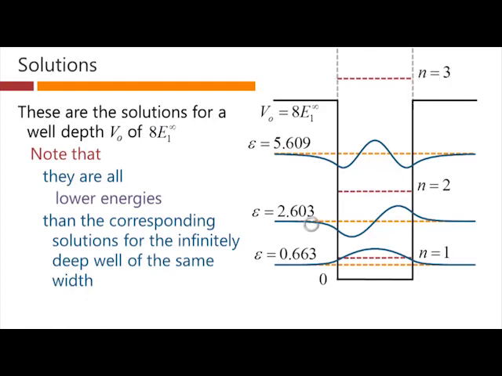And all of these are at lower energies. And the reason for that is that they are less curved. So in the original potential well with infinite depth, I had to fit an entire half period of a sinusoidal wave in here. You'll see I'm not fitting an entire half period of a correspondingly sinusoidal or cosinusoidal wave here. This wave is not as curved, and so it has less kinetic energy, and the same thing is true for the other ones.